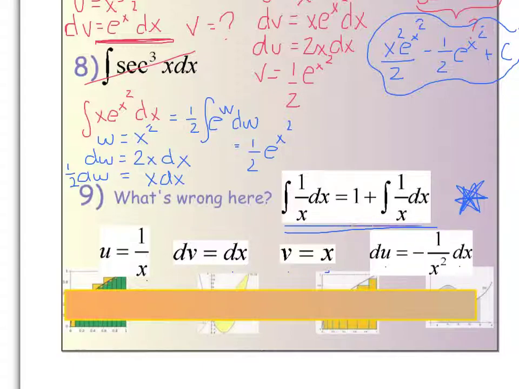Have I made some mistake in my setup of this integral via parts? Well, if you haven't paused it, do pause it and talk about this for a minute. Okay? Probably right about now.